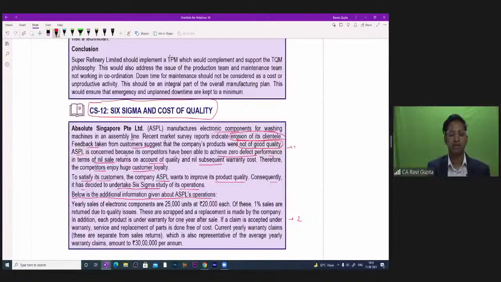So definitely, if this company has products not of good quality, their customers will return the products. So they will be incurring sales return cost as well as warranty cost. Warranty claims by the customer have to be borne by the company. Therefore, competitors enjoy huge customer loyalty. This is the reason why our customer is not loyal to us, but our competitors are enjoying huge customer loyalty.